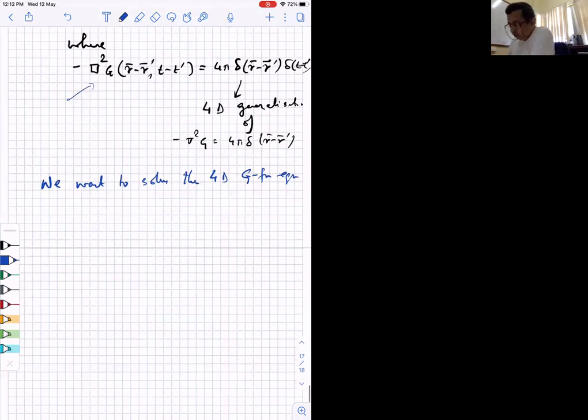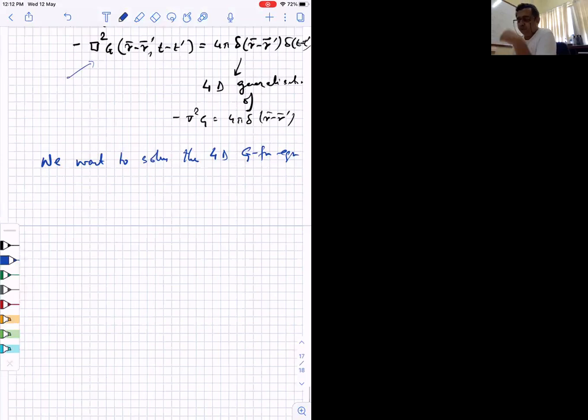So what we want to use over here, you can find in books on the delta function. This can be written as an integral of d omega by 2 pi e to the power minus i omega (t minus t prime).